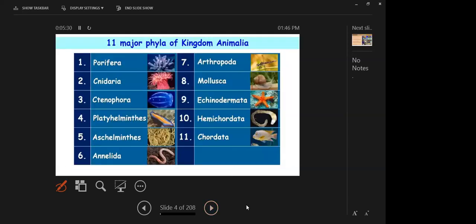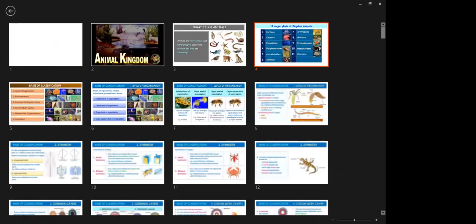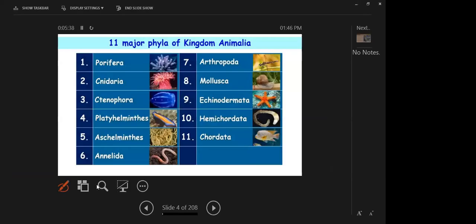So which are the different groups? We can classify the animal kingdom into non-chordates and chordates, basically.